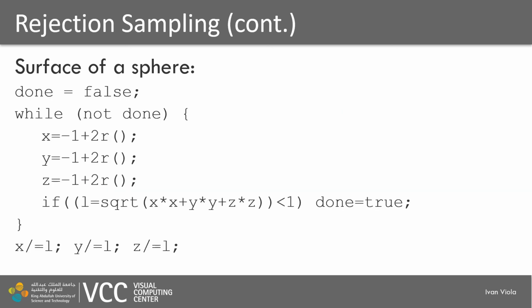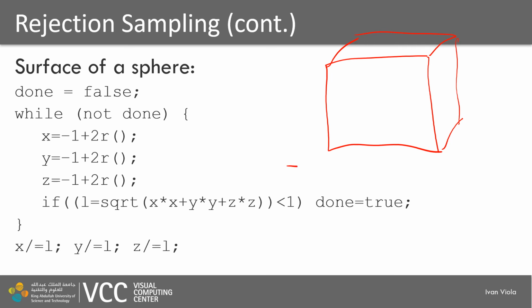We can use rejection sampling also in 3 dimensions. For example, let's perform uniform sampling of a unit sphere. What we can do is perform uniform sampling of a unit cube between the points -1, -1, -1 and 1, 1, 1.